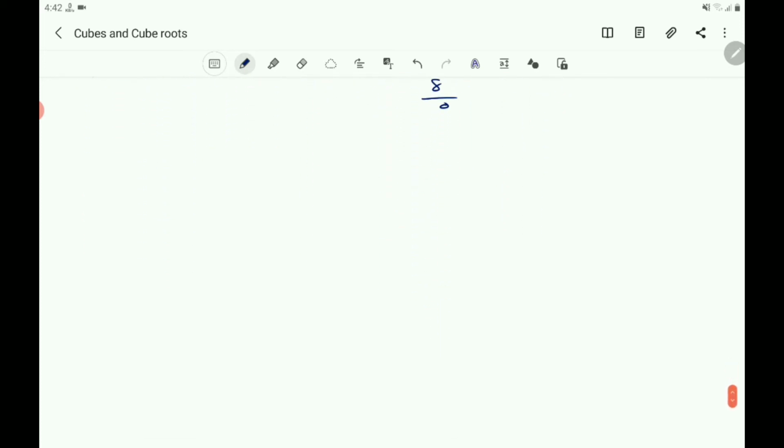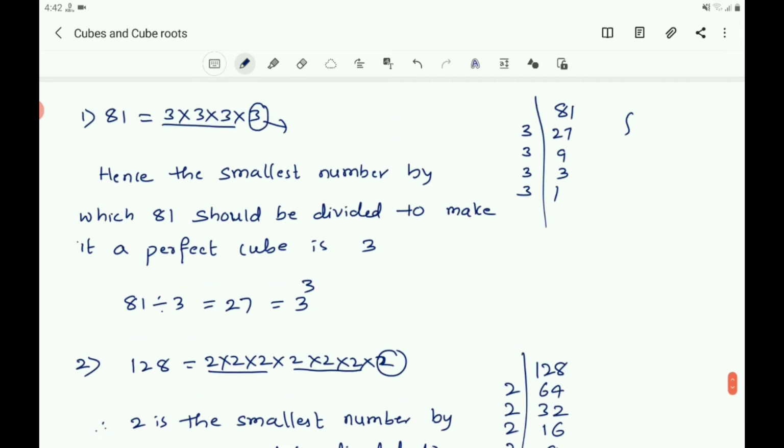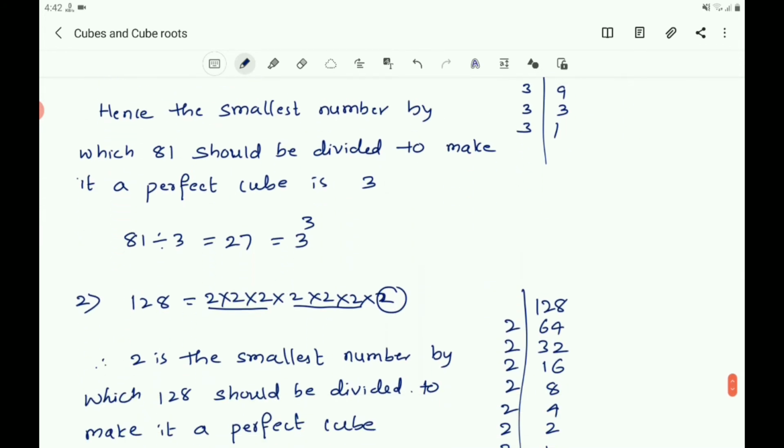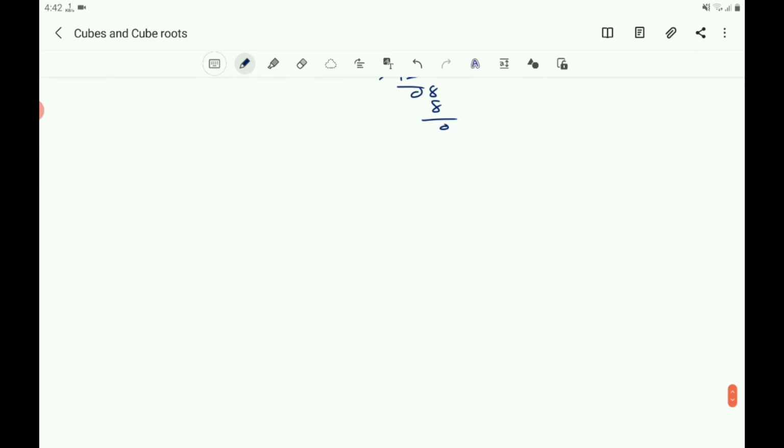Next you take the next number. What is that next number? That is 135. Third one is 135. Then you find the prime factors of 135. 1 plus 3 plus 5, that is 9. It is not divisible by 2, but it is divisible by 3, as the sum is 9.